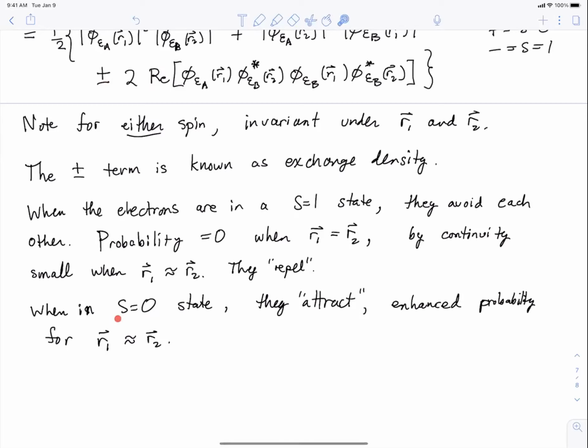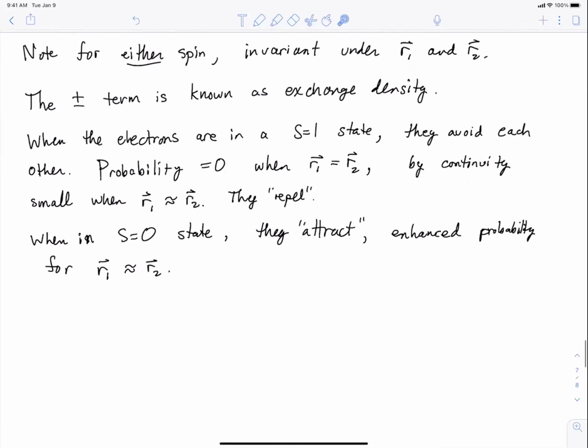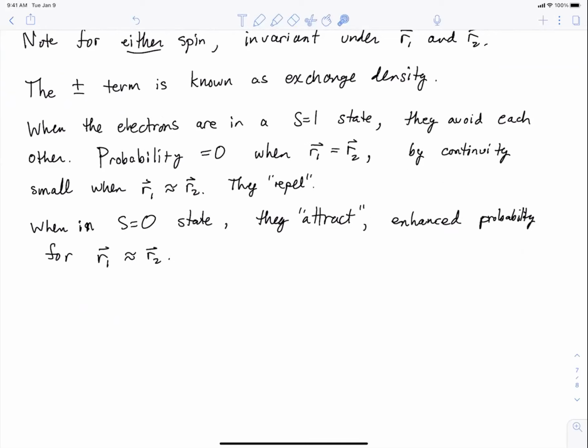So these S equals 0 states are actually going to be pushed up in energy compared to the S equals 1 states, where this exchange degeneracy is trying to keep them far apart, and they want to be far apart because their electrostatic repulsion is going to push them apart. So we'll actually come back to that again when we talk about the details of the helium atom.